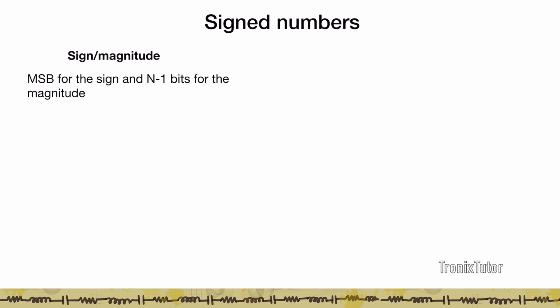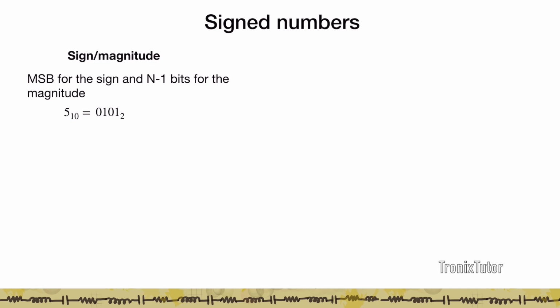When we want to represent numbers, for example when we think about logic or arithmetic, we always deal with positive and negative numbers. When you have to deal with signed numbers, there are different ways of doing so. The simplest way of coding a signed number is known as the sign magnitude format, in which we use the MSB for the sign and use only n-1 bits for the magnitude.